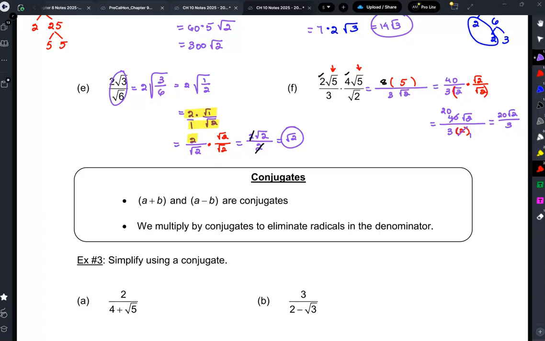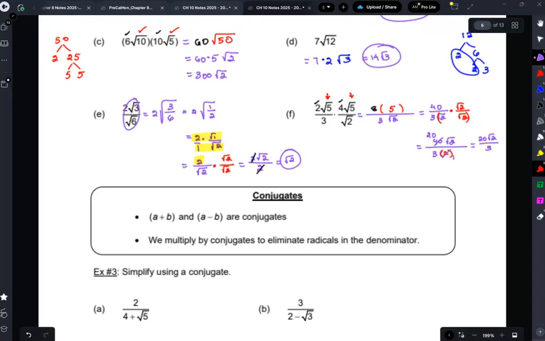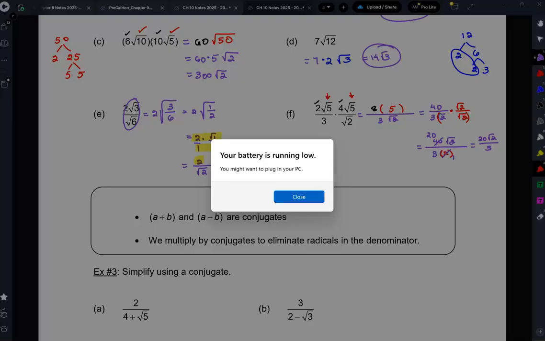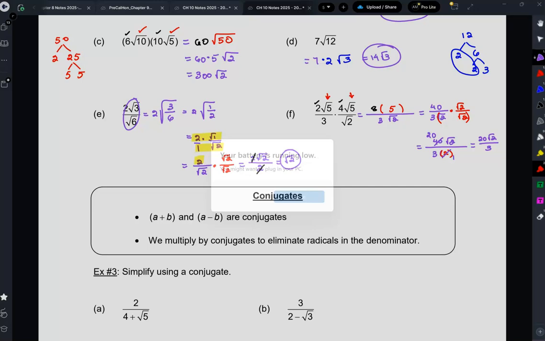When you're doing problem e, can you also just multiply by root 6? I multiplied both by root 6 and got the same answer. Right, but then you have root 18 on top, and you need to simplify the root 18. If you multiply top and bottom by root 6, then you get 2 root 18 over 6.